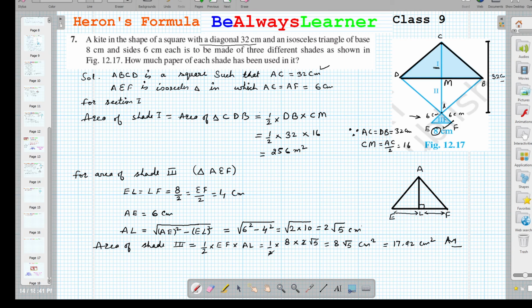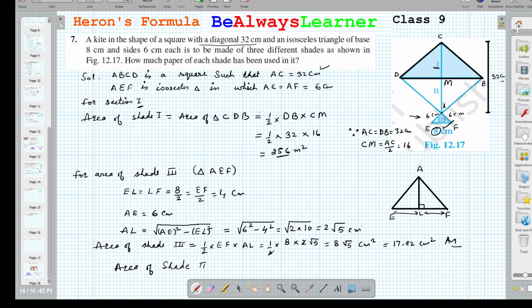And for first section we are having this 256, right? So 256 is the area of this first shade. First shade का area हमने निकाला था. अब the left section is area of shade 2.